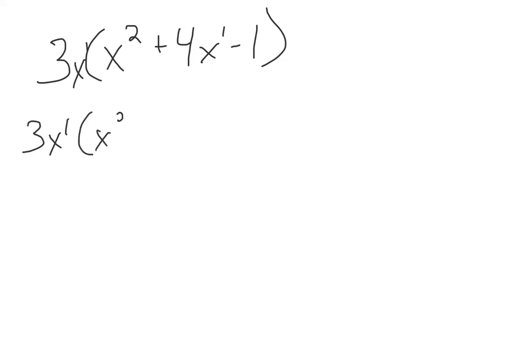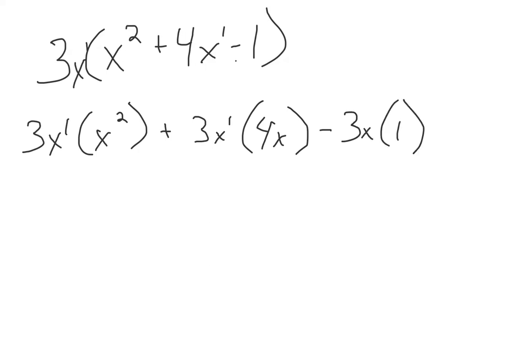Times x squared plus 3x times 4x minus 3x. The reason why is that sign on that 1 times 1. I'm just slowing it down. So what I'm doing is I'm multiplying this to that to that.